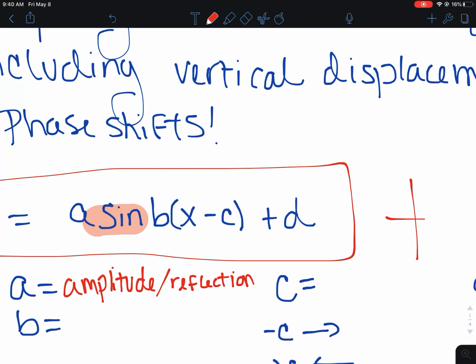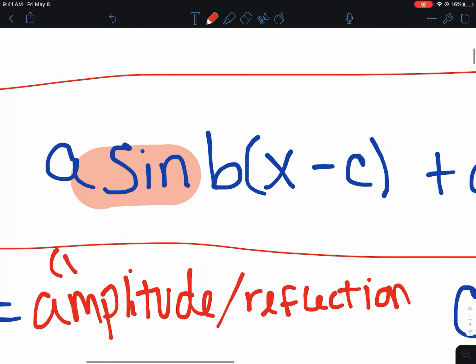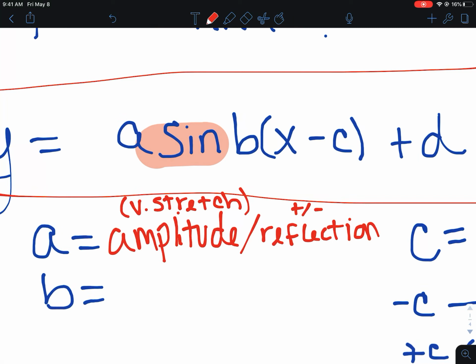So amplitude is really the vertical stretch, right? If you think about that, if you have a big amplitude, then your bars might be way up here and way down here. If you have a small amplitude, it might be right about there. So this amplitude is really the same idea as the vertical stretch. And then if the A value is positive or negative, we get the reflection.